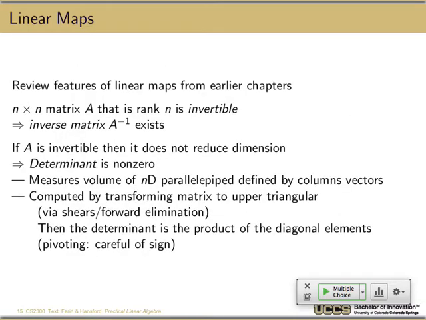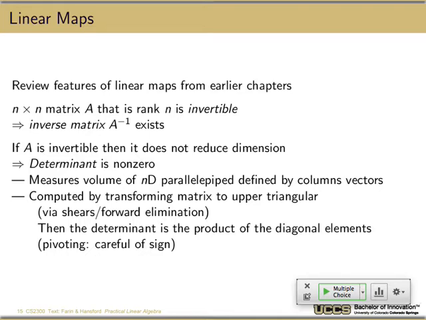Now, just like we talked about matrices and the idea of inverting a matrix, which we haven't spent a lot of time on, if I want to solve AX equals B, we could talk about the inverse. We did that in 2D and 3D. So an n by n matrix that has rank n is always invertible. If the matrix has full rank, it means it maps the whole space to the whole space, which means there's a way to map backwards.